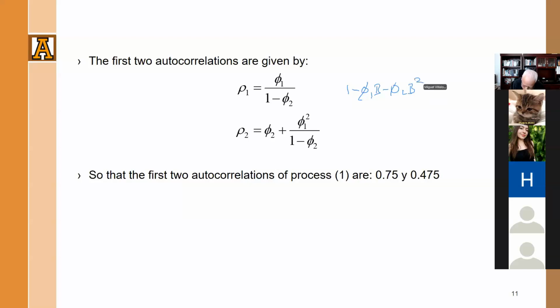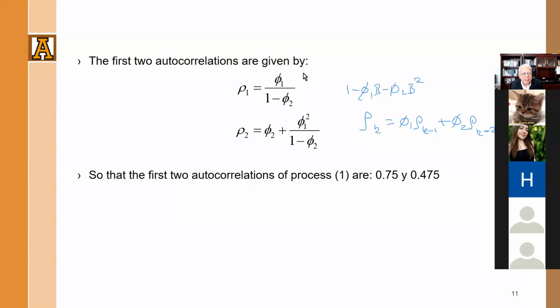So for k greater than or equal to 3, rho sub k is going to be equal to phi1 rho k minus 1 plus phi2 rho k minus 2. Okay, that's for k greater than or equal to 3. So once we have the first two, we know how to compute the rest of the autocorrelations.